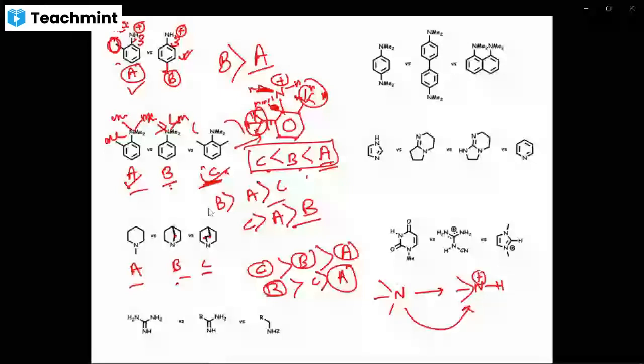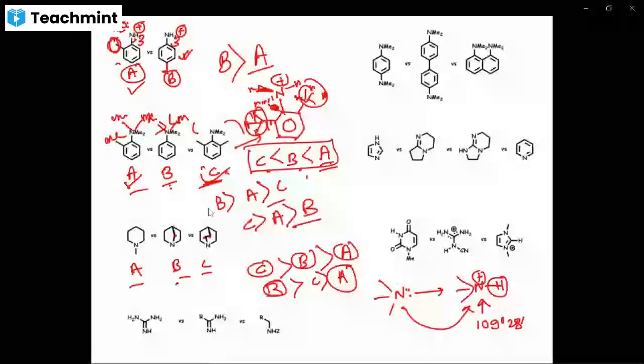So there is a change of bond angle, right? For this molecule, the bond angle is closer to the ideal tetrahedral bond angle, which is 109.28 degree. And in the initial form, because the lone pair is there, the bond angle deviates from the ideal tetrahedral bond angle. Whenever the change in bond angle is higher, that process is less favorable, right?